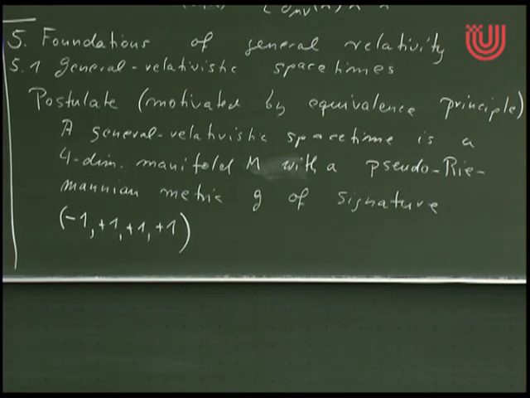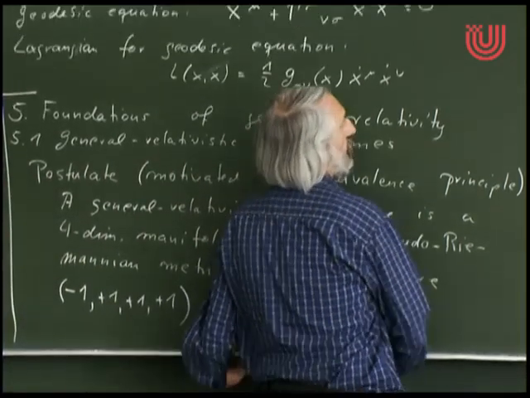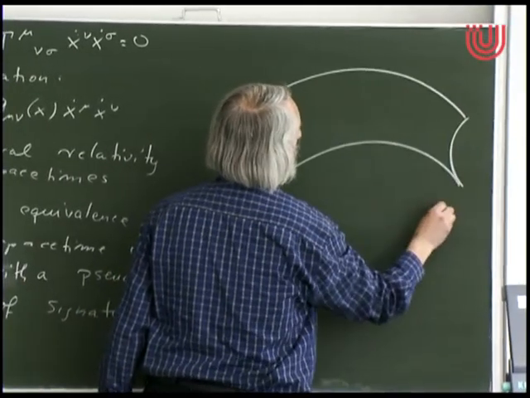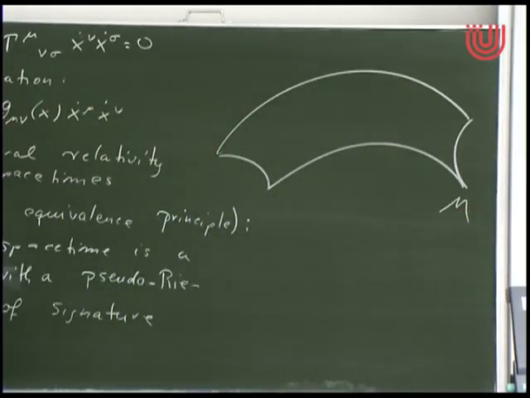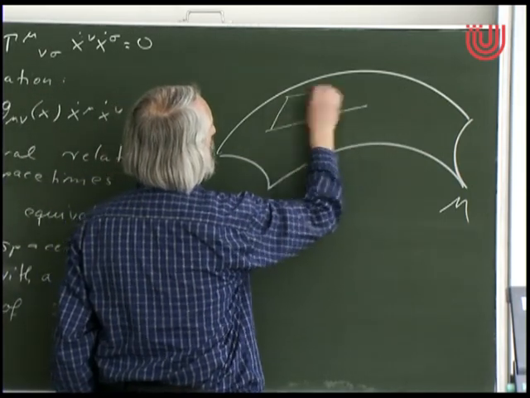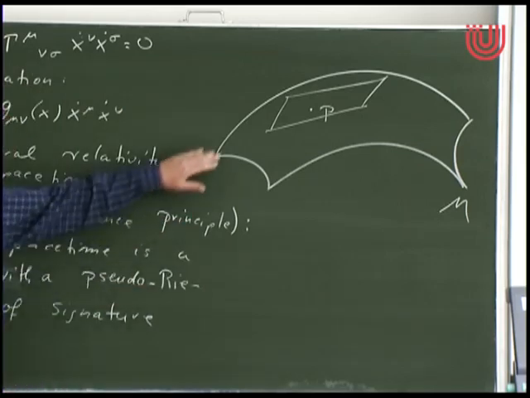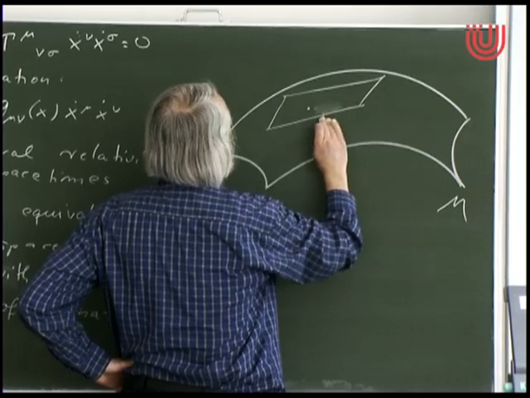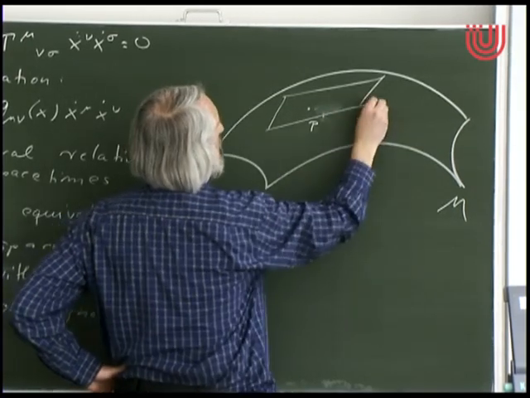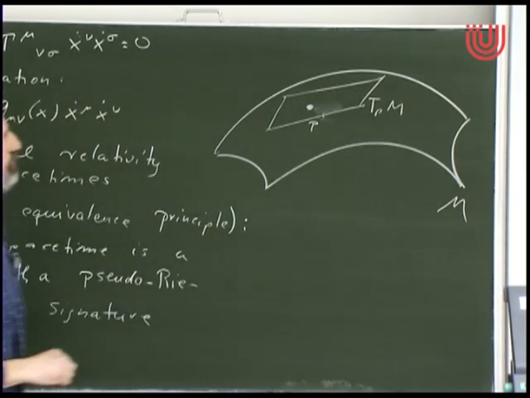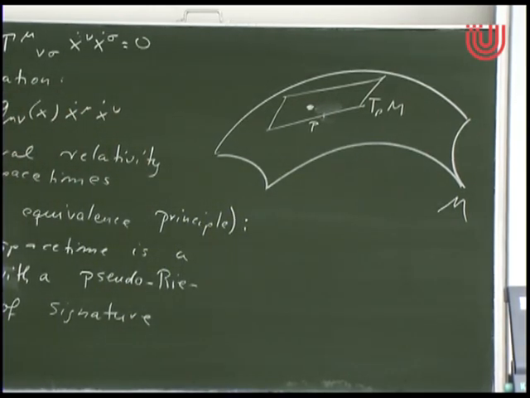So that's the postulate. And the picture is of course the one we already had on the board when we discussed the equivalence principle. So one should visualize this M as something curved. And at each point we have the tangent space. We have learned how to construct this mathematically in terms of derivative operators. And on the tangent space, let me write the point P in another place, so that's T_P M, we have the structure of special relativity, which results from the metric at this point.